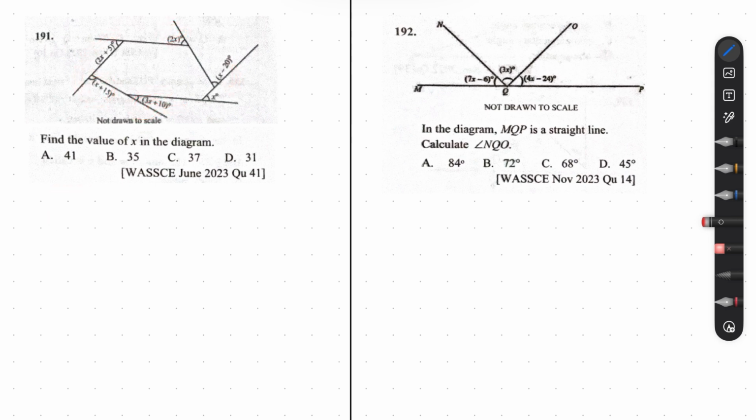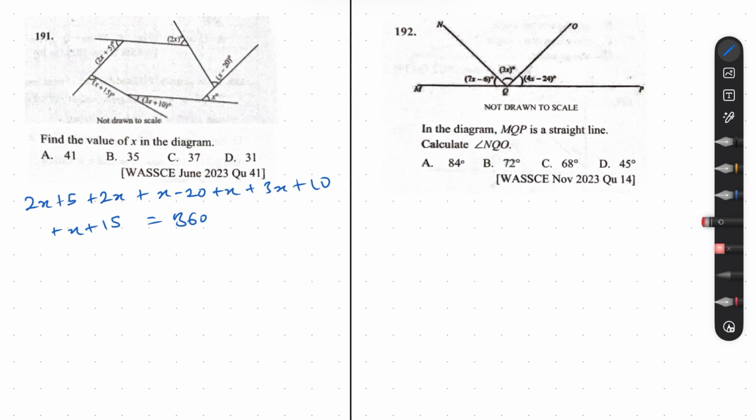Let's do that. So we have 2x plus 5 plus 2x plus x minus 20 plus x plus 3x plus 10 plus x plus 15 should give us 360. Let's simplify that.